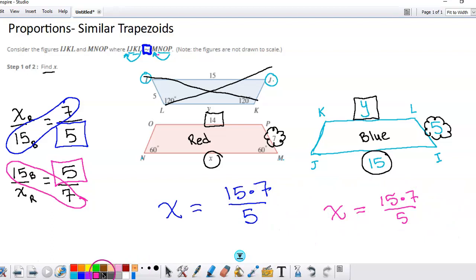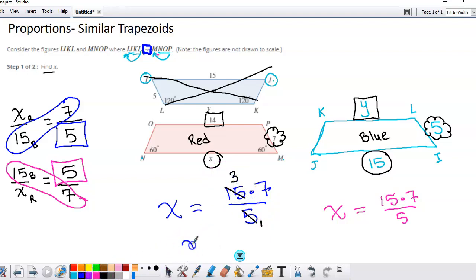Let's just go through and simplify. I'm doing this by hand, so I am going to model reducing. 15 goes into itself once. 5 goes into itself once, and 15 divided by 5 is 3.